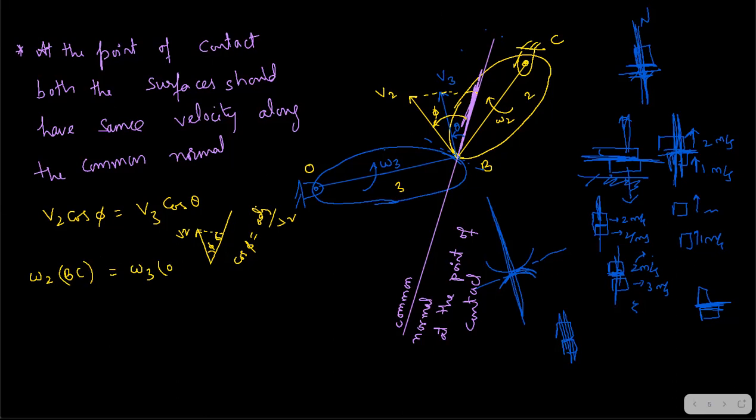I'll write it a little lower because space is not sufficient on the top. So instead of omega 2 into BC, omega 2 BC cos phi will be equal to omega 3 OB cos theta.